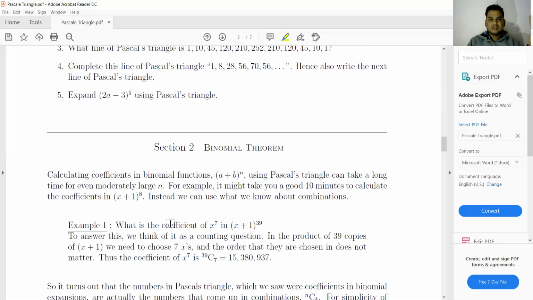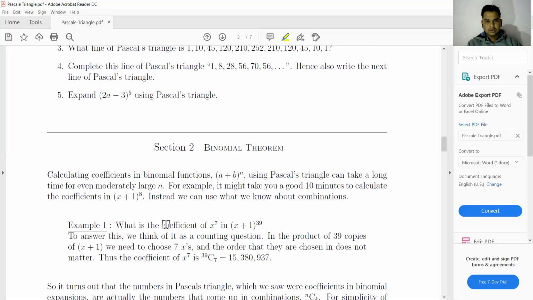So instead of the Pascal triangle, you can just use one formula. Using that formula, you can find the coefficient in the binomial expansion. That is the binomial theorem. Binomial theorem is just what? It gives the combination formula, so that we get the direct formula for the binomial coefficients.